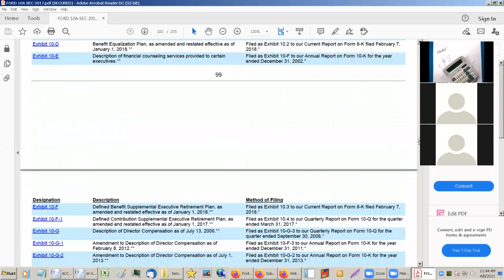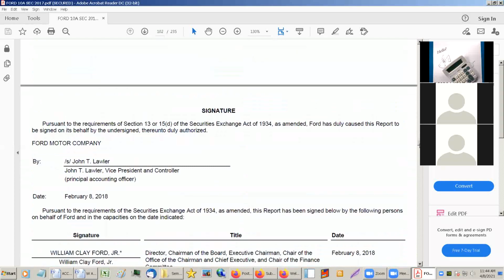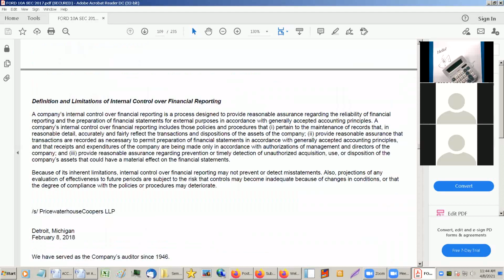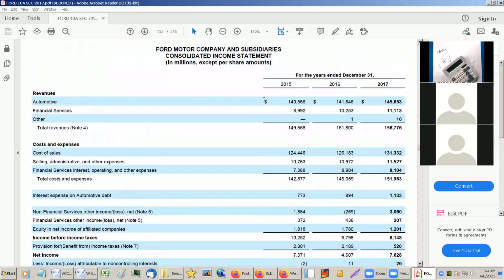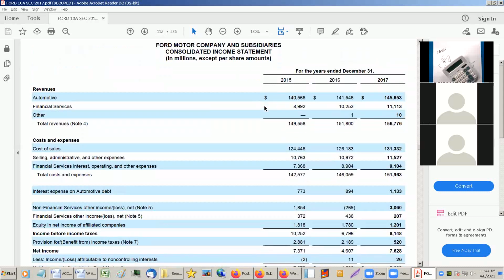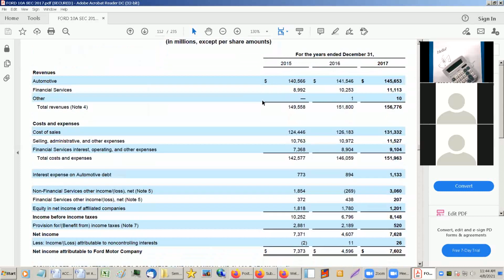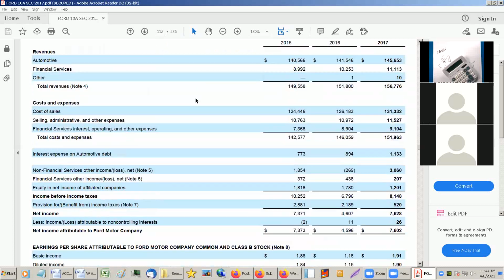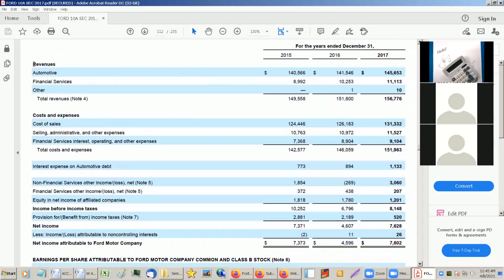They'll have their financial statements in here. They're usually about halfway down. Here we go. So this is Ford Motor Company, and this thing has a couple hundred pages, 235. But anyway, this is their income statement, fairly similar to what we are used to seeing.